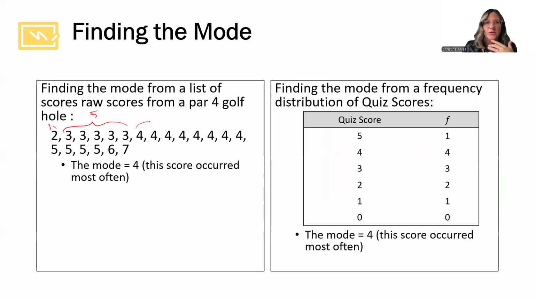We have 1, 2, 3, 4, 5, 6, 7, 8 people who scored 4. Only 4 people scored 5, and only one person scored 6, and one person scored 7. So in this case, the mode is 4 because it occurred the most often.